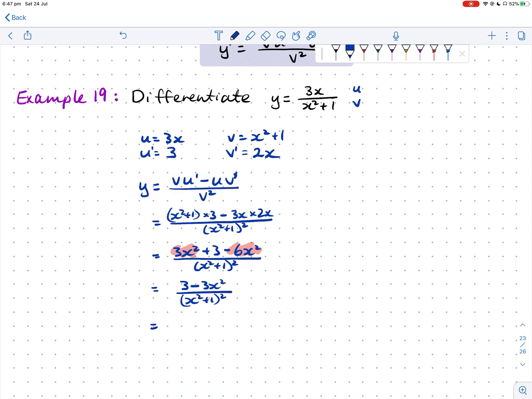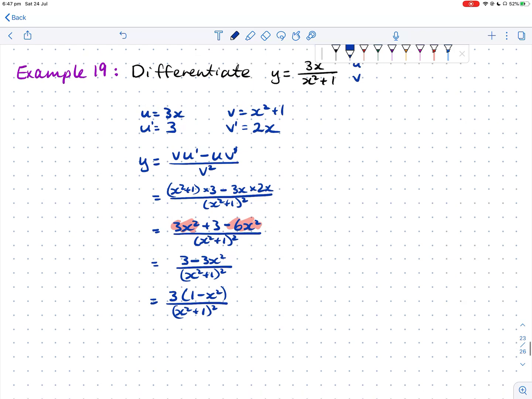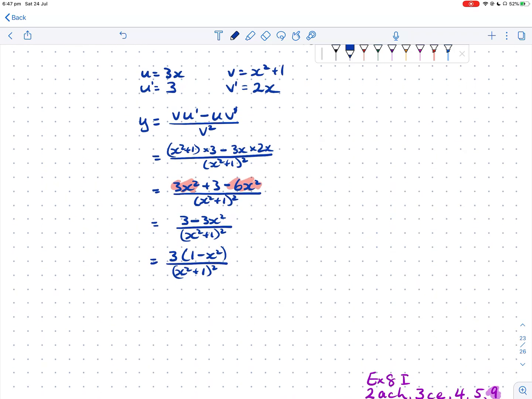If we want, we can factorize that. 3 is a common factor in the numerator. So 3 bracket 1 minus x squared over x squared plus 1 all squared. If we want, we could go even further. 1 minus x squared is a difference of squares. But for what we need here, we can't really do much more with it because we can't cancel with the denominator.